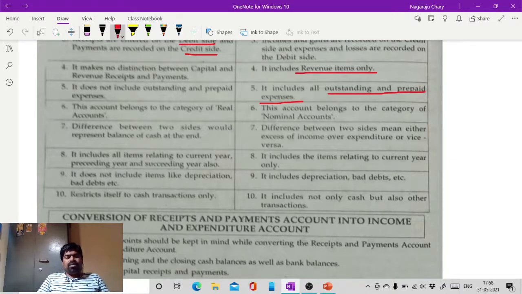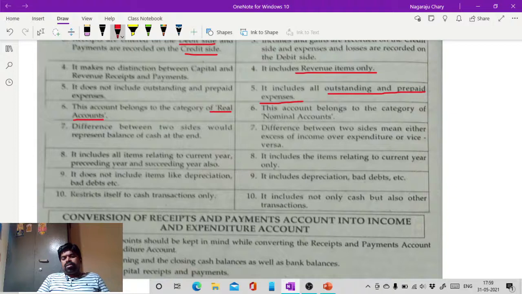This account belongs to the category of real accounts. The receipts and payments account is real in nature. That's why for all the items: debit what comes in, credit what goes out. This principle is to be followed while preparing the receipts and payments account.